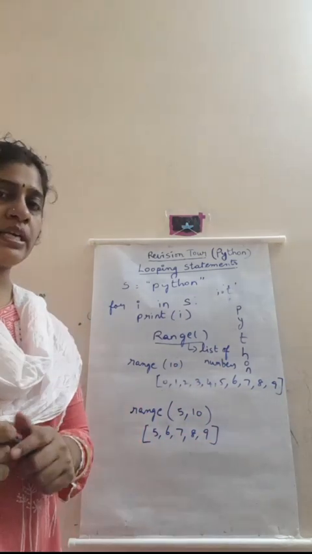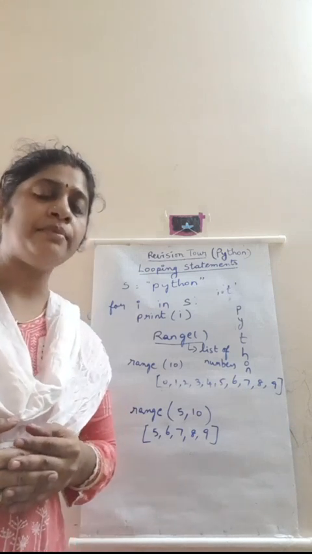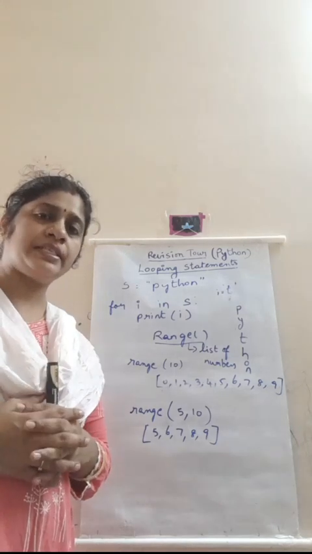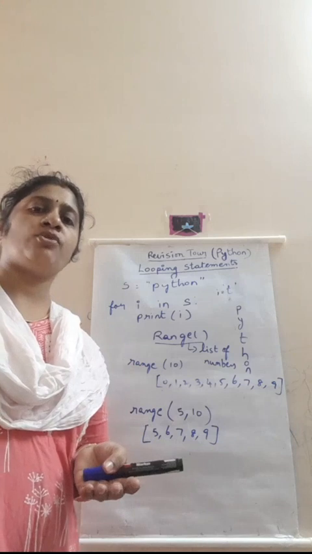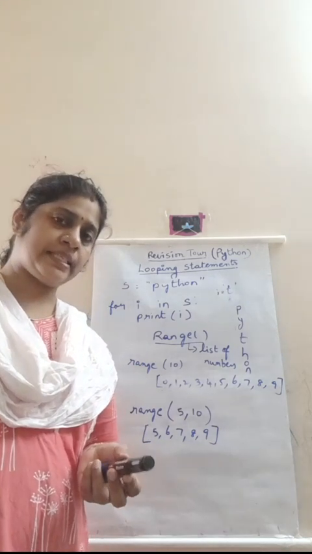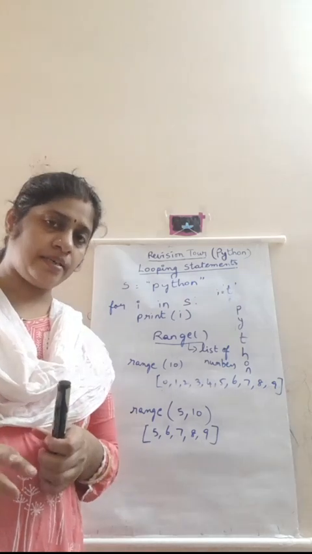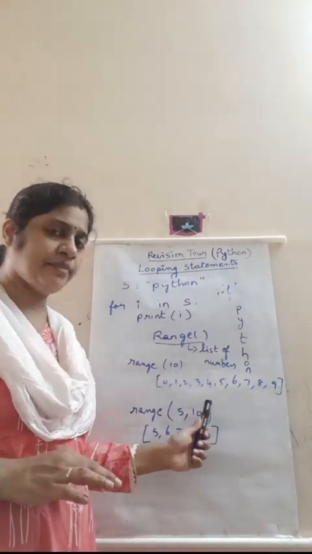Okay, suppose I want to write a program to do the sum of the first 10 natural numbers, that is 1 plus 2 plus 3 plus 4 plus 5 plus 6, 7, up to 10. I want to run the loop including 10. So I have to start from 1 to 11.